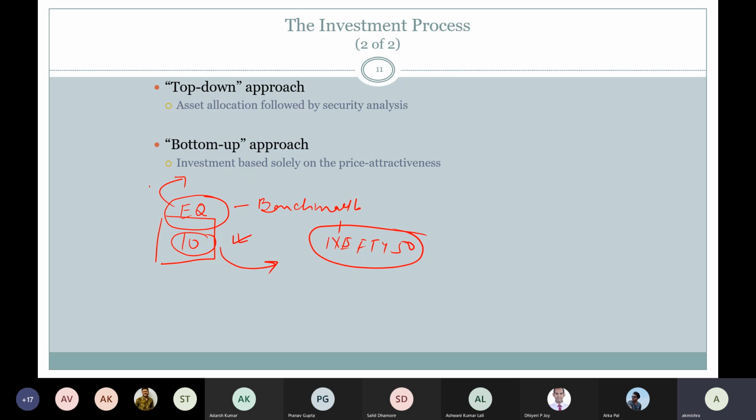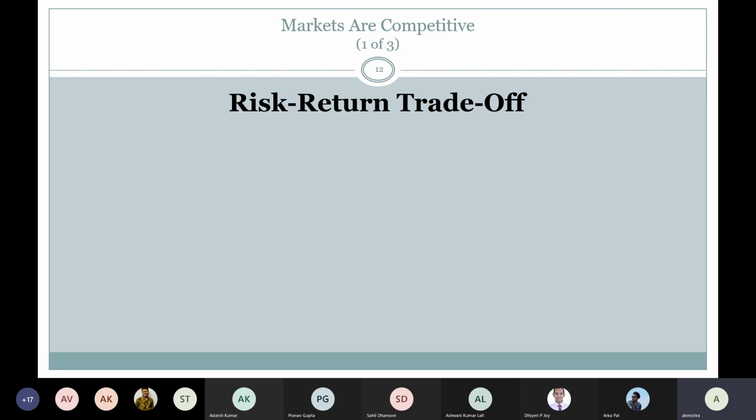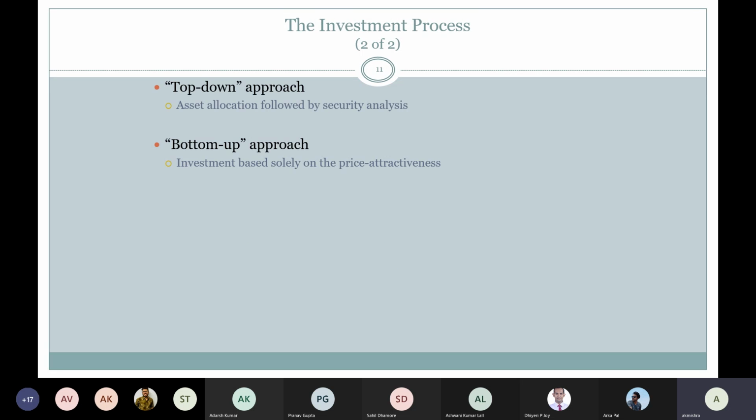And that's why in the bottom-up approach, the investment is only based on the price attractiveness or security-specific characteristics. Whereas in the top-down approach, asset allocation is the main consideration, and then your security analysis, and that makes your job easy.